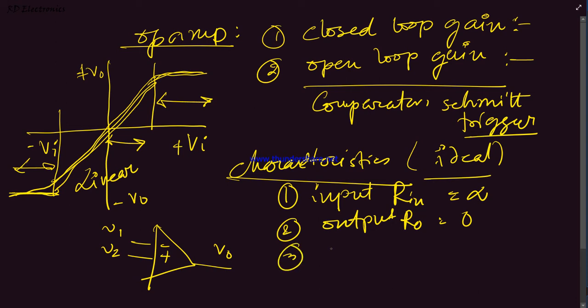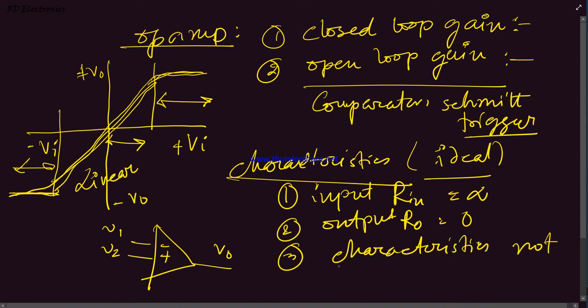Number three, characteristics not drifting or not changing with respect to temperature, capital T. Okay, so these are the basic characteristics of the operational amplifier.